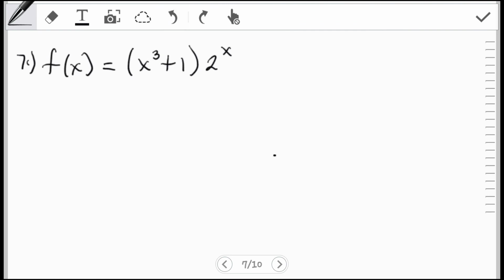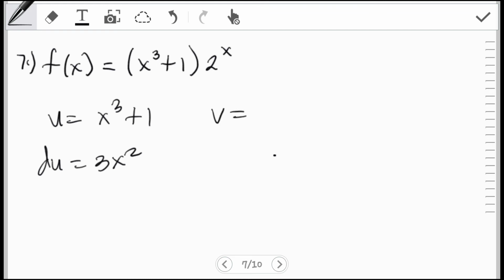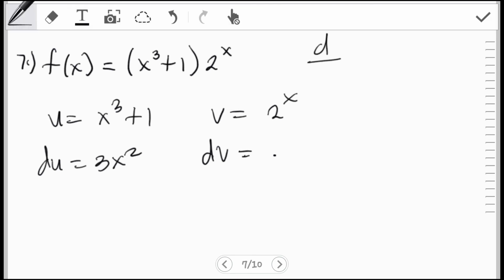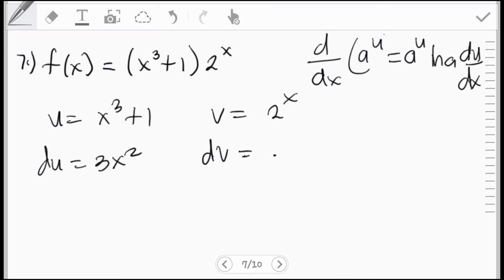Let u is equal to x cubed plus 1. du over dx is equal to 3x squared. Let v is equal to 2 to the power x, where dv over dx, from this formula, d over dx of a to the power u is equal to a to the power u ln a du over dx.